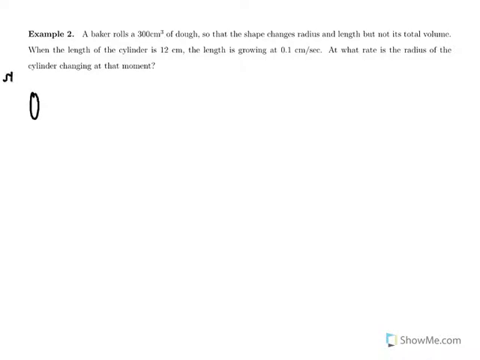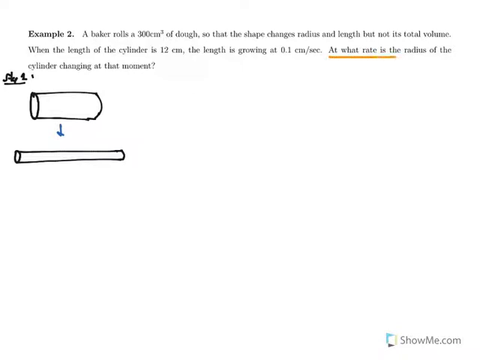So step one, we have some cylinder here of dough, and we have a few variables. So we are rolling this out. As time goes on, this cylinder is becoming skinnier and skinnier. We want to track how fast that length and radius are changing. So let's look at the variables, what we have, what we're looking for.